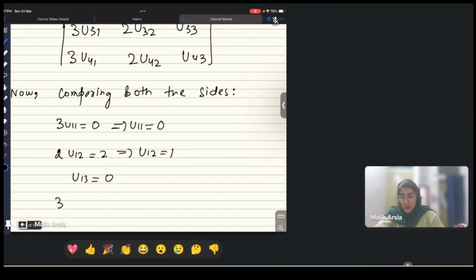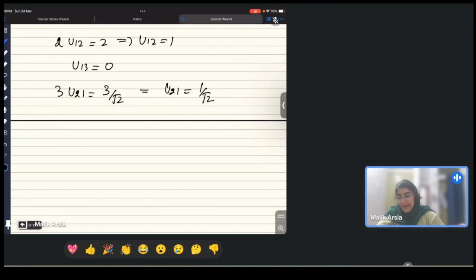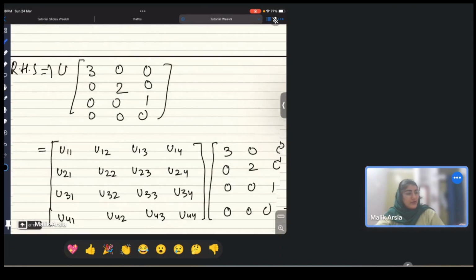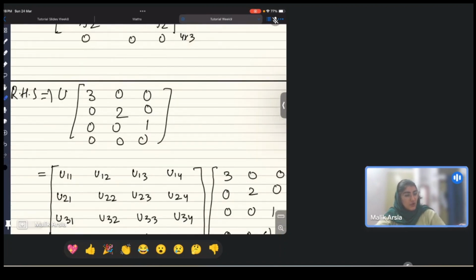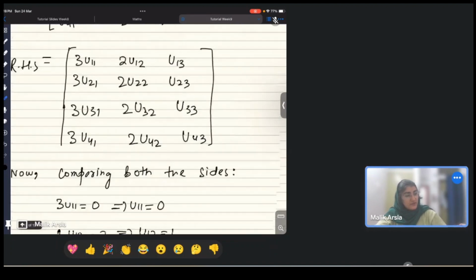Now 3 times U21 will be equal to what? 3 by root 2. So U21 will be what? 1 by root 2. And after that 3 times U31 is equal to again 3 by root 2, which implies U31 is equal to 1 by root 2. You have to do nothing, just compare the entries of the matrix which we got on the right hand side with this matrix.